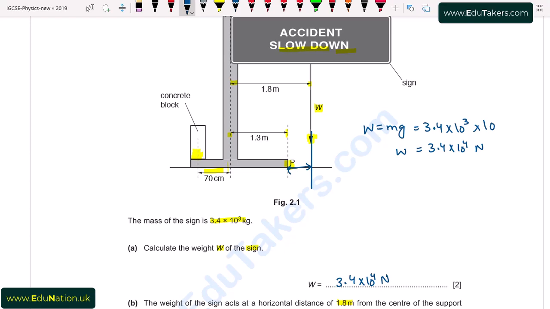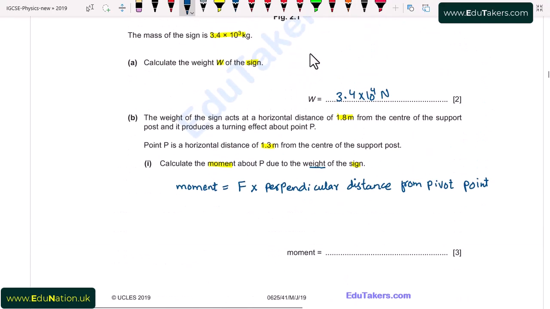Now we can see that the distance from this point to this is 1.8 meter, while the distance from this point to this is 1.3. We have to calculate this distance and it will be equal to 1.8 minus 1.3, and it is equal to 0.5. So the perpendicular distance of this sign from the pivot point is 0.5. I write here the perpendicular distance is 0.5 and we have to calculate for the weight.